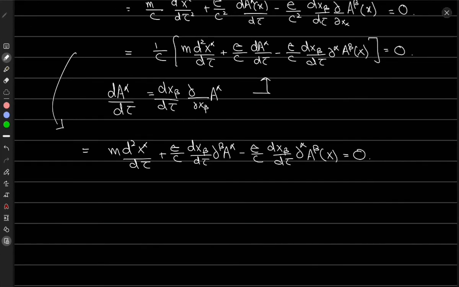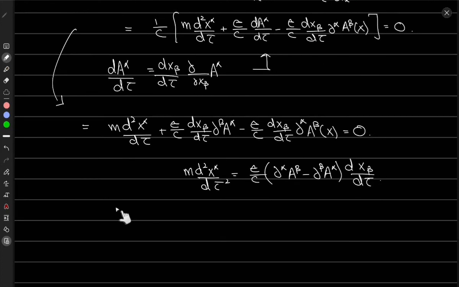So we can now make this a bit more neat, and it will become m d squared x alpha over d tau squared, which is equal to e over c times partial alpha A beta minus partial beta A alpha, and this already looks something like we know, and this is multiplied by dx beta over d tau.